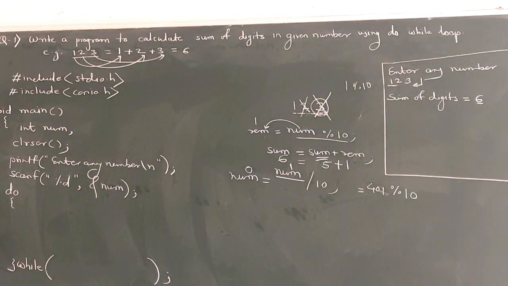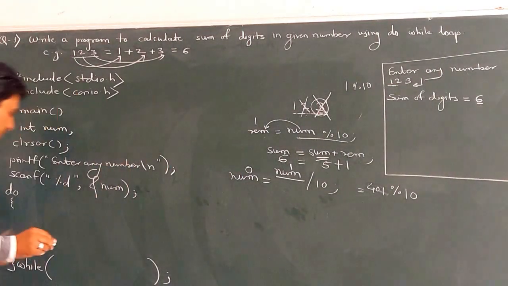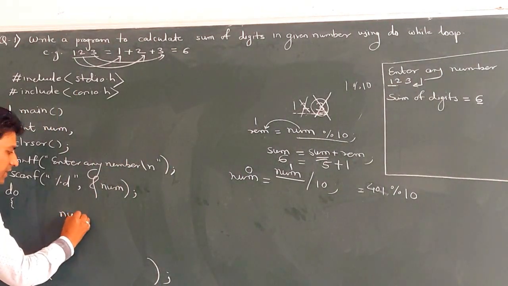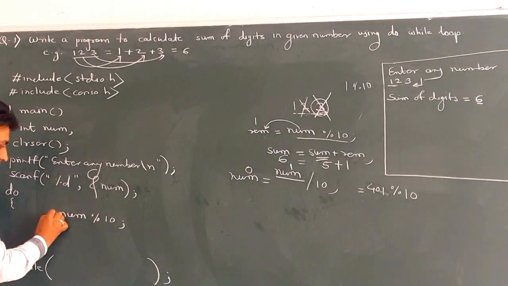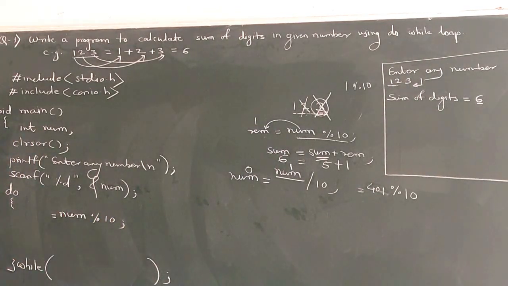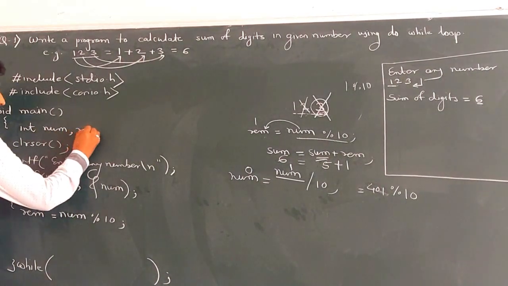So what is the first statement? Whatever the number may be, separate the first digit from that number and save it into remainder. So rem is the remainder variable, so declare remainder.